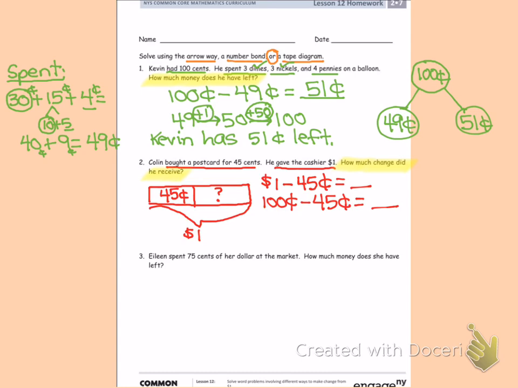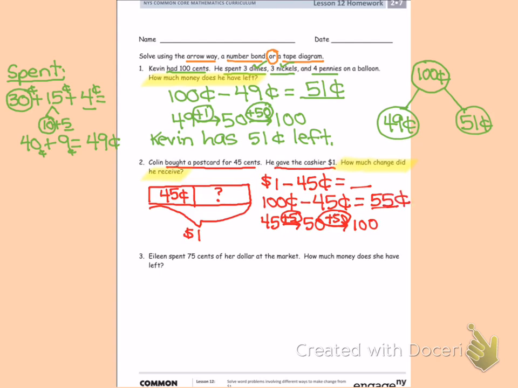Now I'll go ahead and use the arrow way and do 45 plus 5 to get to my next 10, which is 50. And 50 plus 50 is 100. And I'll add those together. 50 plus 5 is 55.